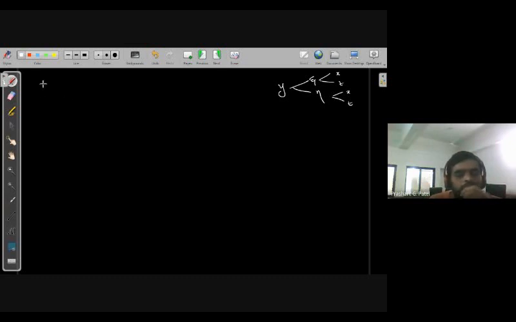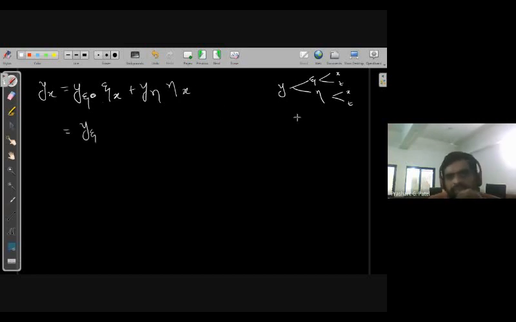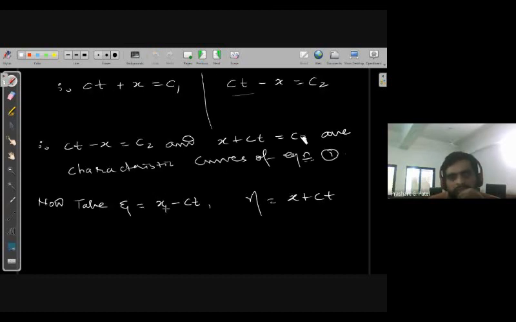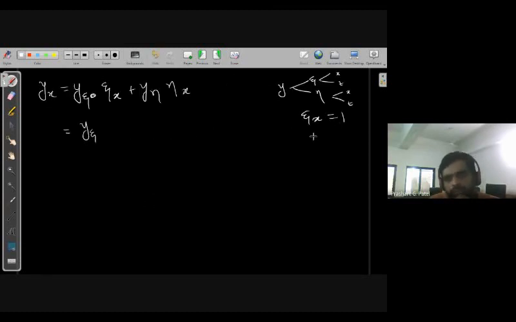That's why y x will be y xi into xi x plus y eta into eta x. We just see that xi x is 1 and xi t is minus c.